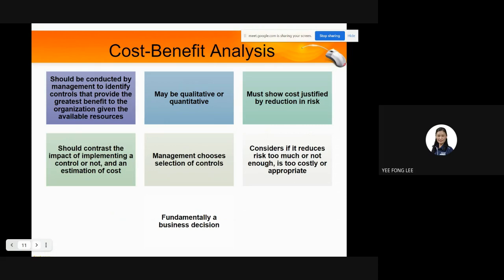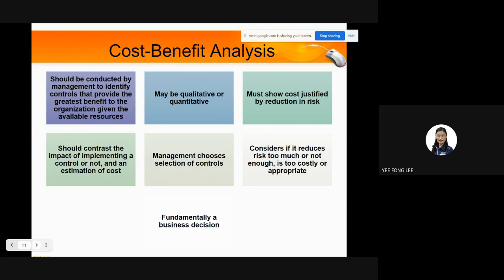It should also include the details of the impact of implementing the new control or enhanced control. There are only two cases: whether you are implementing a truly new control or you want to enhance an existing one.